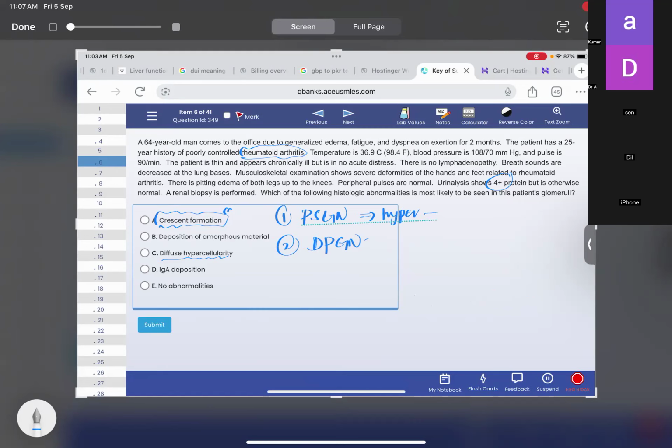What was the third one? We don't have hypercellularity in membranous, and the other one is membranoproliferative, MPGN, right? So I would like to explain that most of the high yield points are within the name of the disease.